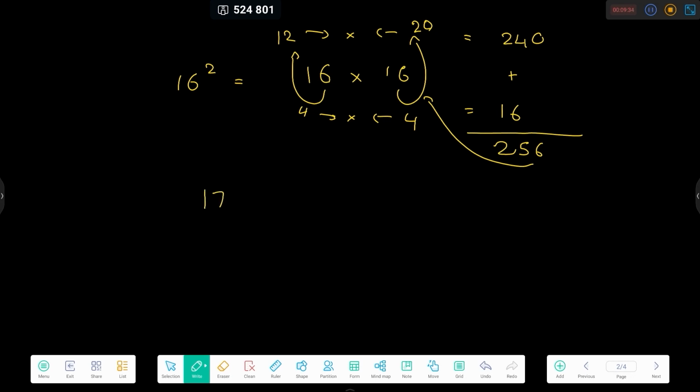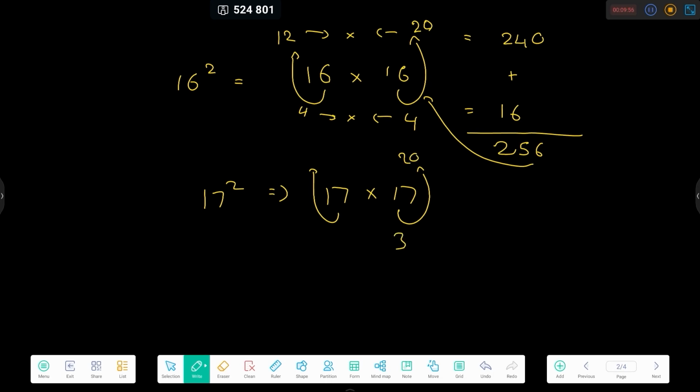17 square, done in the same manner, rounded off to 20, adding a 3.